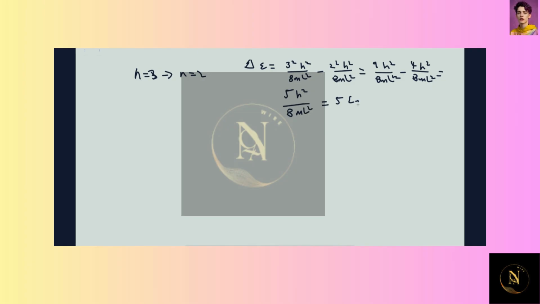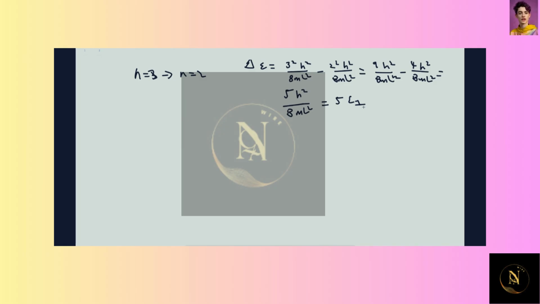This delta E is equal to 3 squared h squared over 8 m L squared minus 2 squared h squared over 8 m L squared, which is equal to 9 h squared over 8 m L squared minus 4 h squared over 8 m L squared, which is equal to 5 h squared over 8 m L squared, which is equal to 5 times E1.